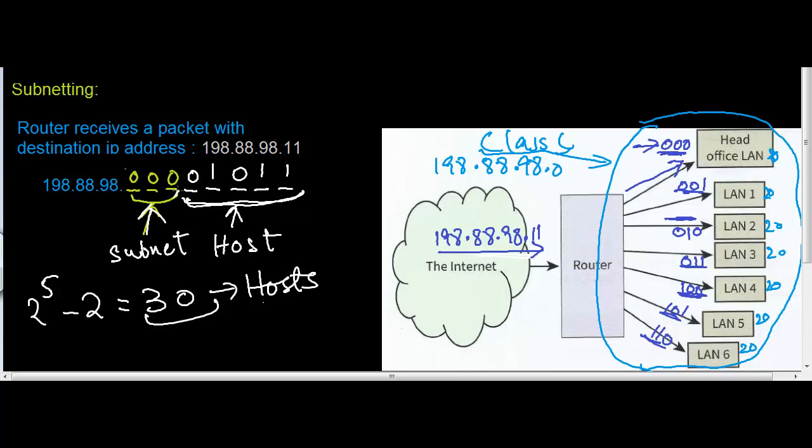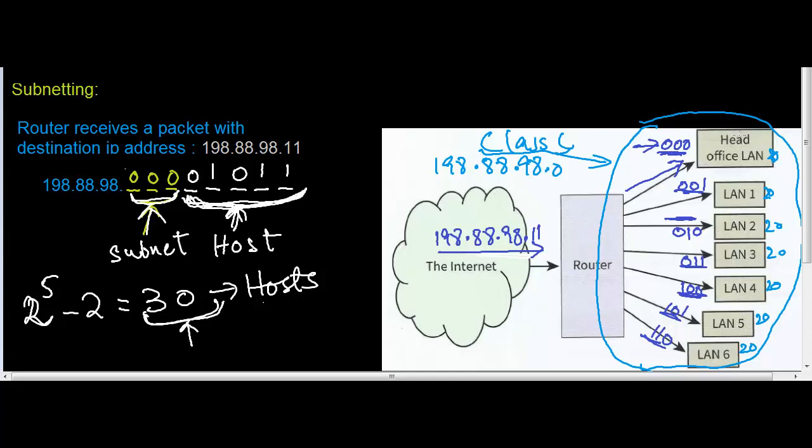Remember, 3 bits are being used for the subnet and 5 bits are being used for the host address. So using our formula 2 raised to power 5 minus 2, we get 30 hosts on a subnet. So basically all the 7 subnets in this example are going to have 30 hosts each.